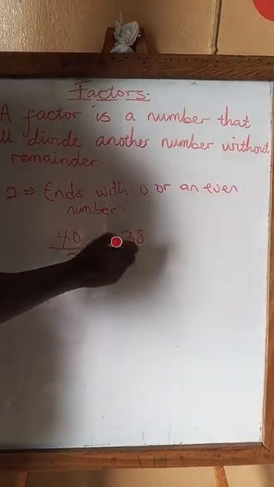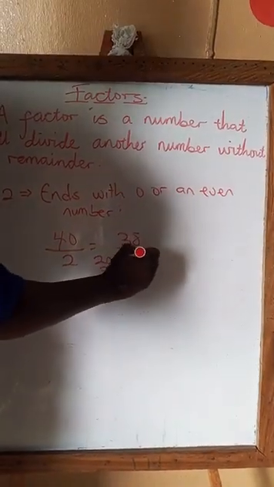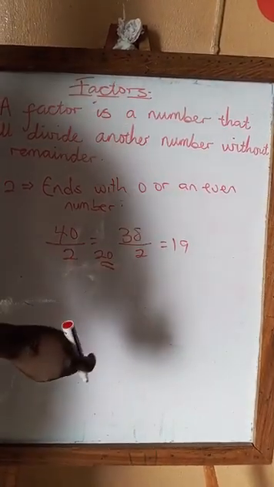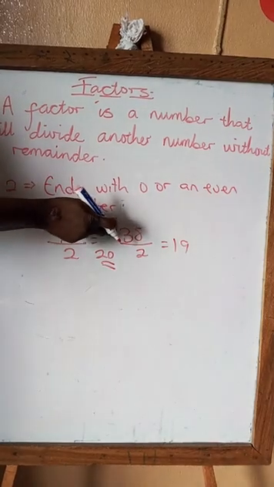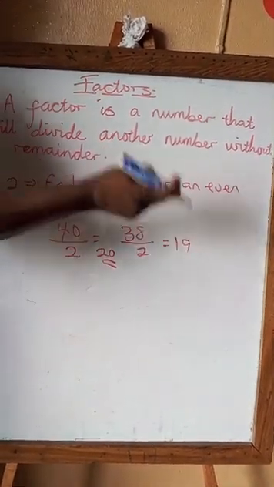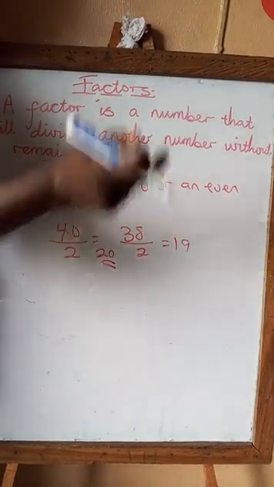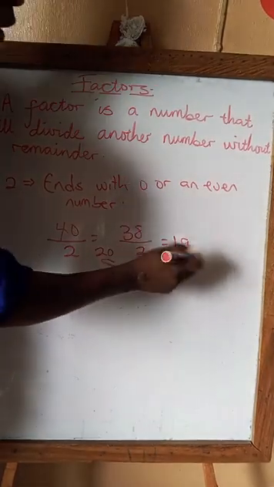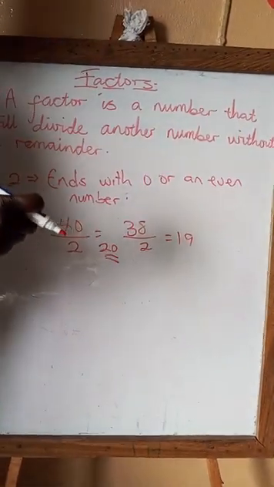Let us look at 38 divided by 2. This is 19. 2 is also a factor of 38 because it will divide it without a remainder. Do you get that?